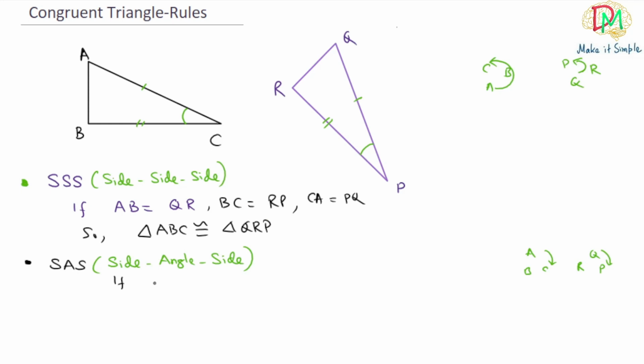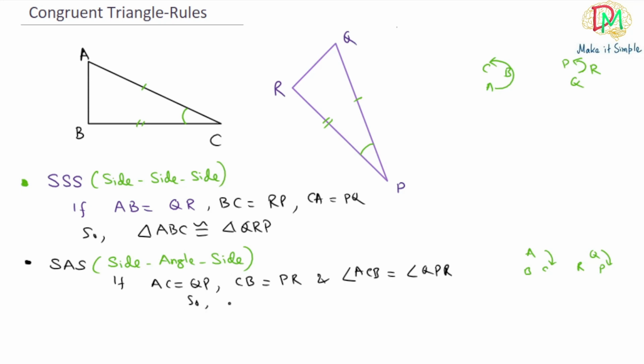If side AC is equal to QP and side CB is equal to PR, look at this, AC, QP, CB, PR, and the included angle, included meaning included by the two sides AC and CB, angle ACB is equal to angle QPR.